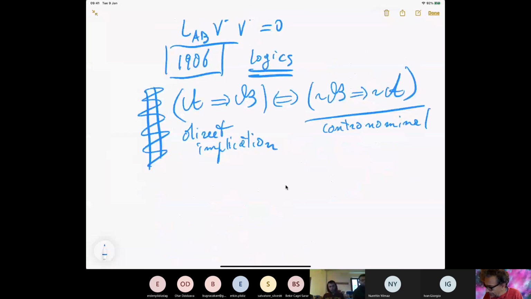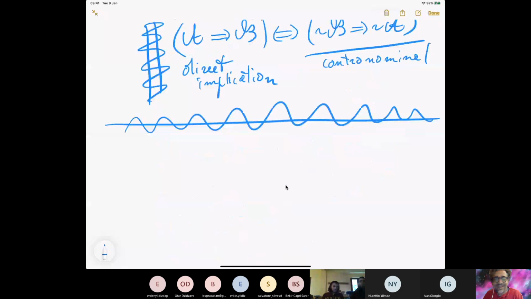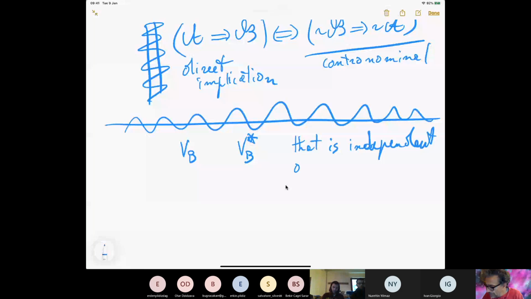So we nearly ended this lecture. We are ready to define the one-to-one correspondence between VB and V star B that is independent of the basis. You know, look, mathematics is wonderful. I tell you that also my father is a lawyer.